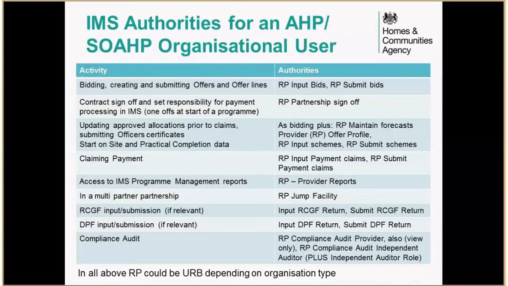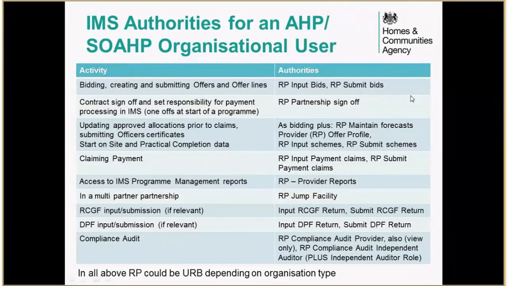In terms of updating approved allocations prior to claims, submitting officer certificates, start on site and practical completion data, there are a number of different authorities for that. So first of all, they would need the bidding authorities that are shown above. So the RP input bids, RP submit bids.